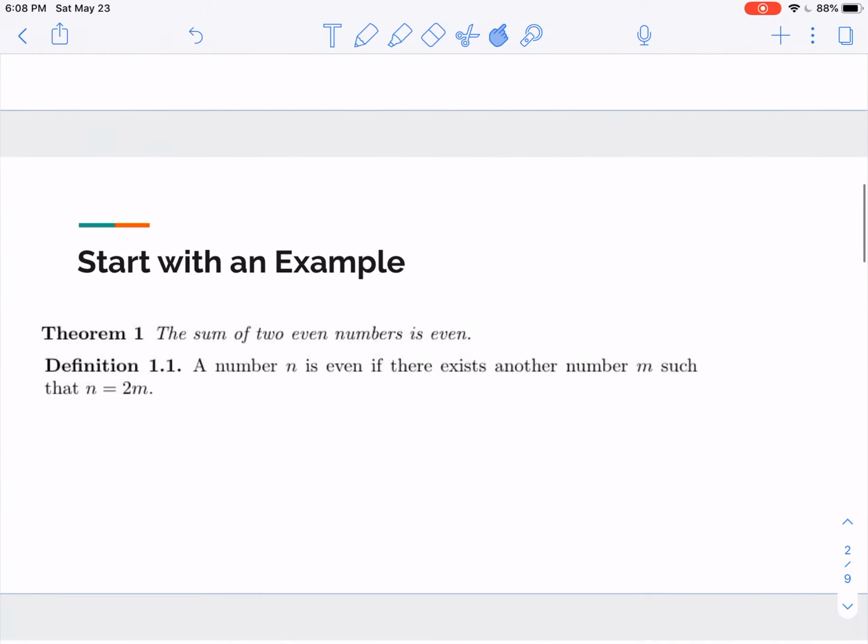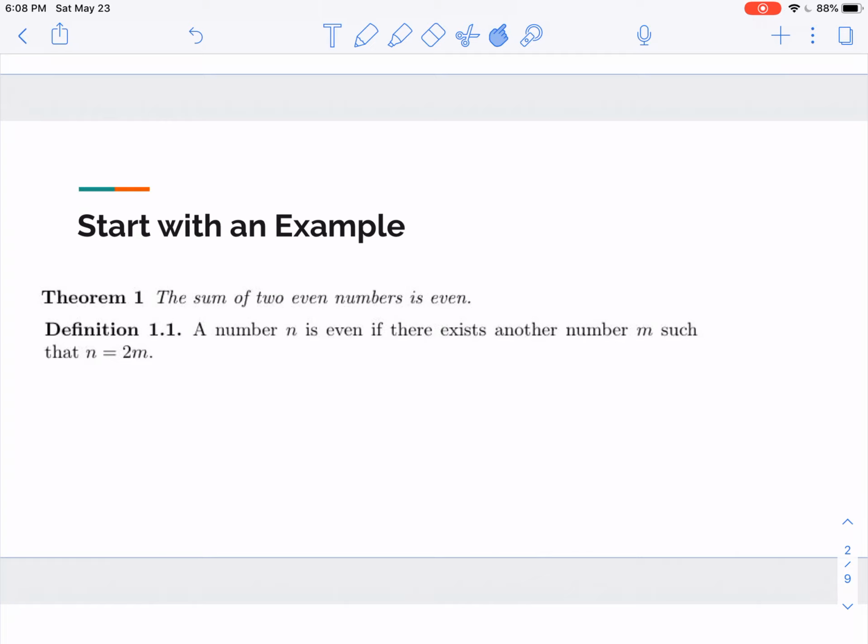So let's get a definition. Our first definition might be that we say a number n is even if there exists another number m such that n equals 2m. And whenever you see a definition, always think to yourself, well, does this definition make sense? In this case, we already have an idea intuitively of what an even number should be, so we should check to make sure the definition corresponds exactly to what our intuition is.